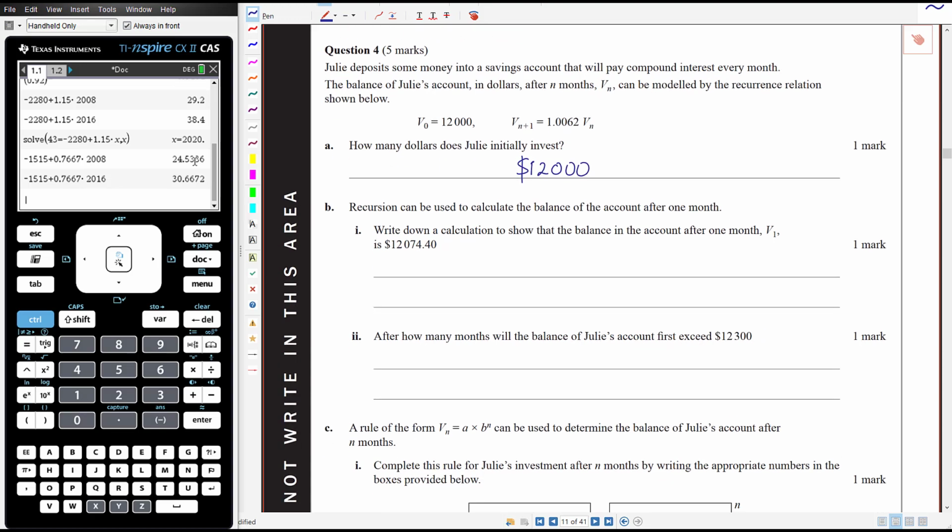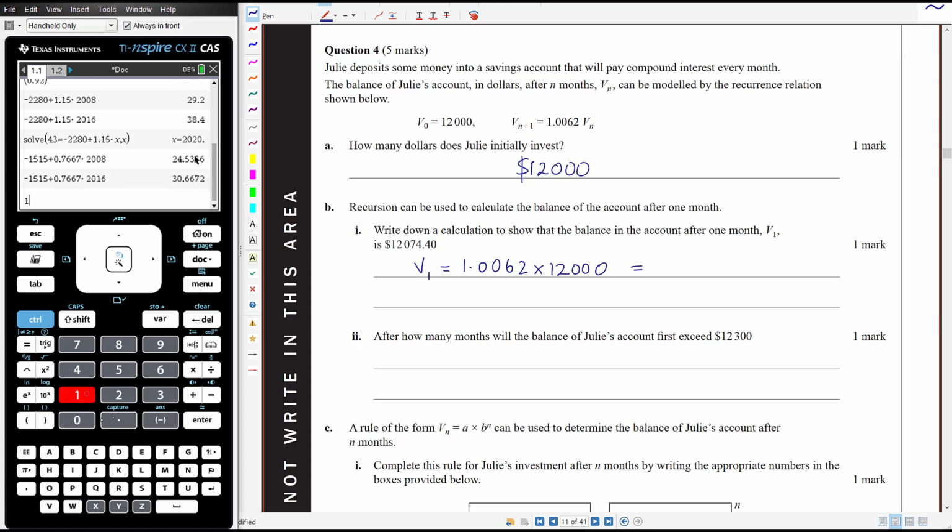Recursion can be used to calculate the balance of the account after 1 month. Write down a calculation to show that the balance in the account after 1 month, V1, is $12,074.40. So you actually have to write down the calculation. So we know that V1 is 1.0062 times V0, which is 12,000.